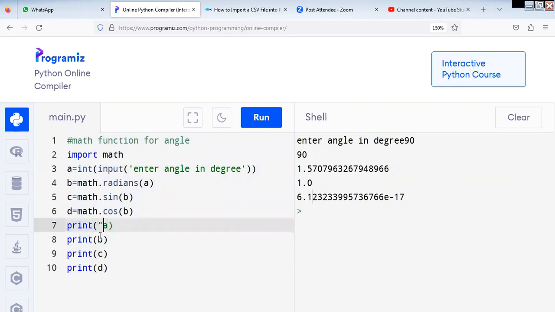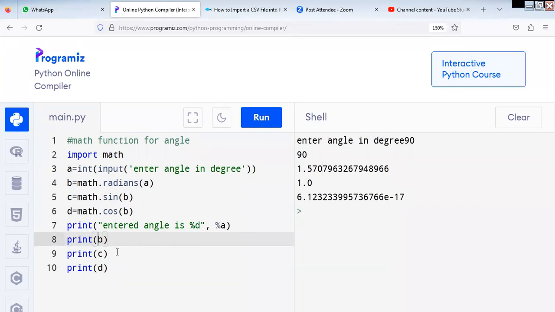So we say enter angle is, angle was an integer, so I will say percentage D. Then I say percentage A. Like here, 1.57 is enough for me. And I'm not necessarily printing a very large number.